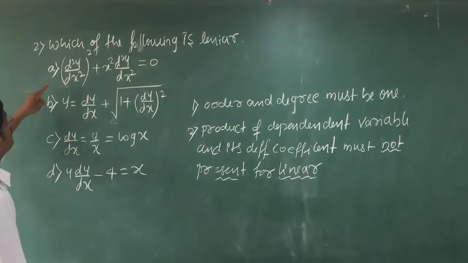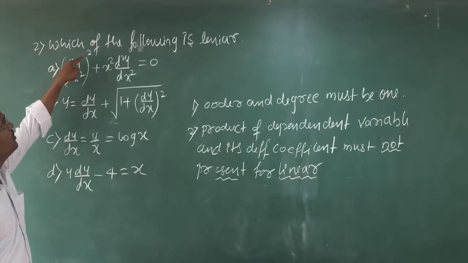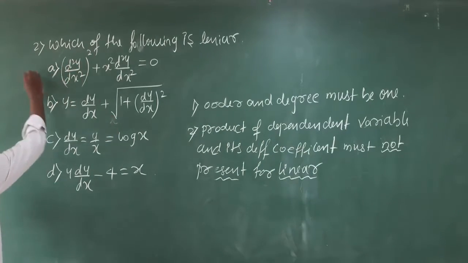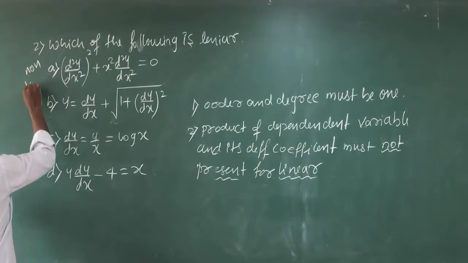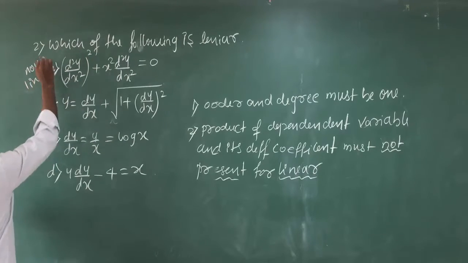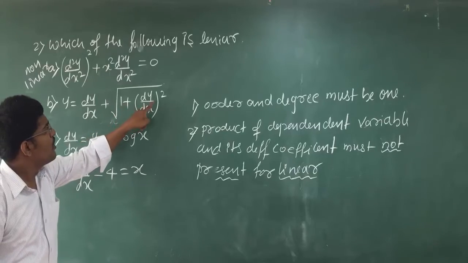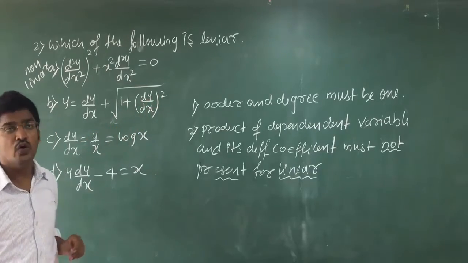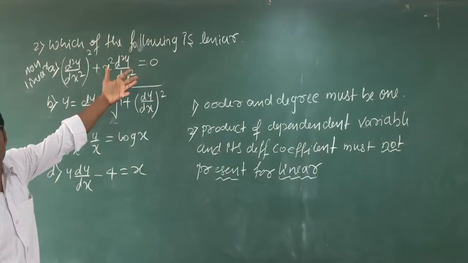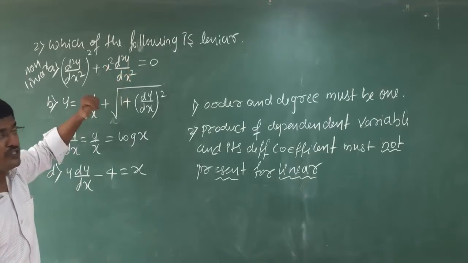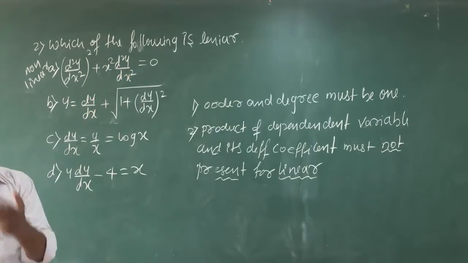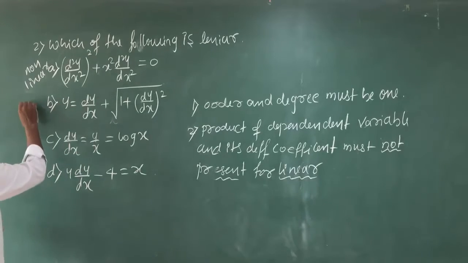In the first one, order is 2, degree is 2. So this is non-linear. Clear? Come to the second one. See here, order is 1, degree is 2, if you remove the radicals. Are you getting my point? If you simplify the radicals, then order and degree will not be the same. So it is also non-linear.